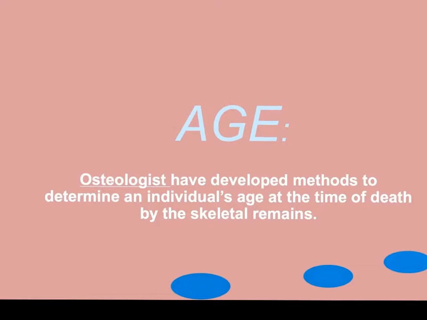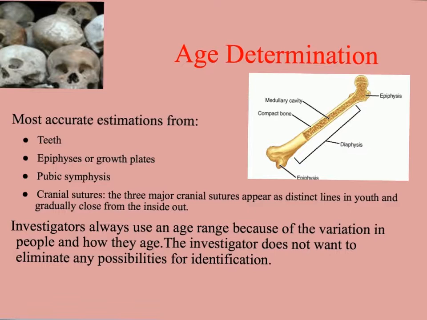We can also determine age within a given range by looking at the development of the bones. And so an individual's age at the time of death can be determined, give or take a few years, by looking at skeletal remains. The most accurate bones for determining or estimating skeletal age would be teeth, the growth plates, also known as the epiphyses, the pubic symphysis, and the cranial sutures.